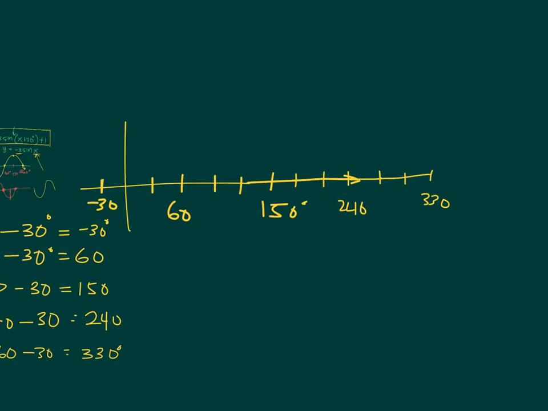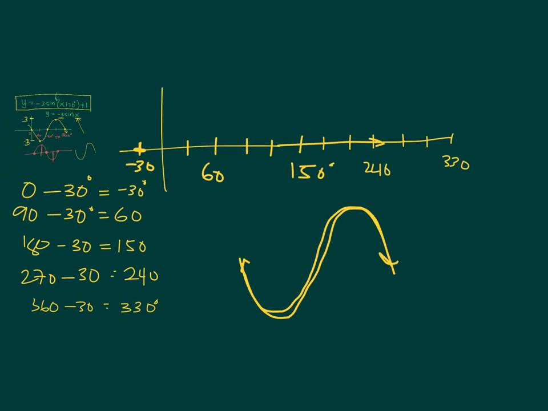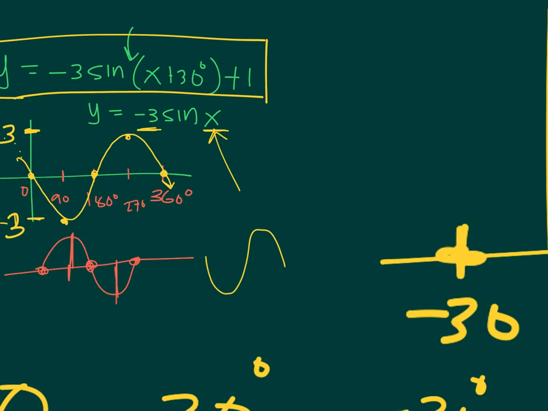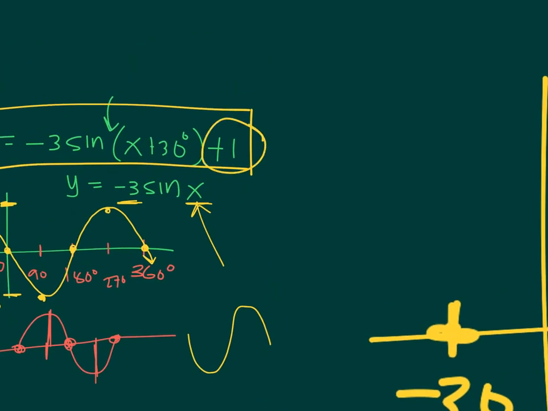Following the pattern of the function we base this on, it goes down, then up, and then ends at the last number. We start with negative 30, but let's incorporate the plus 1 already.